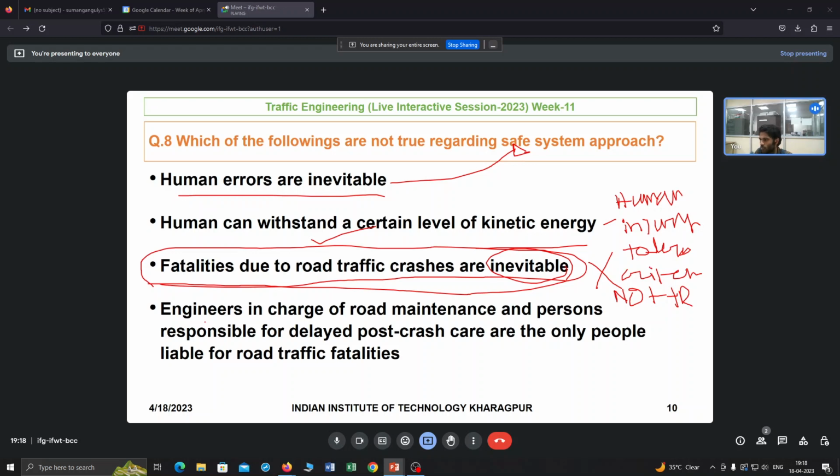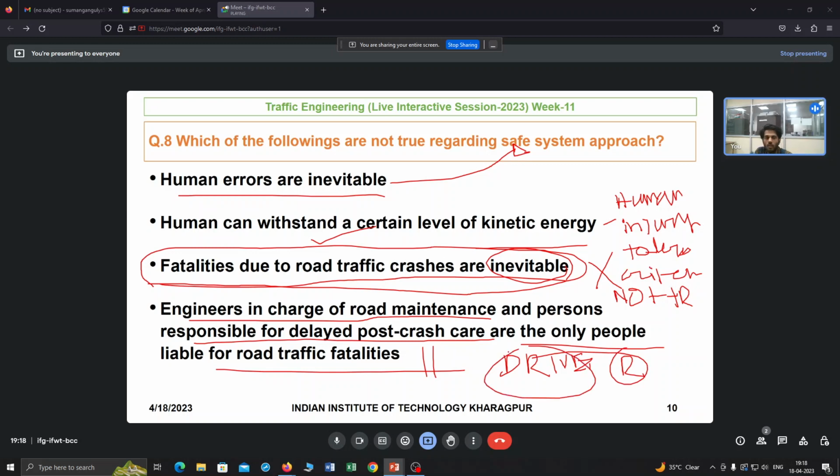Engineers in charge of road maintenance and persons responsible for delayed post-crash care are the only people liable for road traffic fatalities. No, these are not the only people, because for traffic fatalities, your driver is responsible. The person who has designed the road is also responsible.